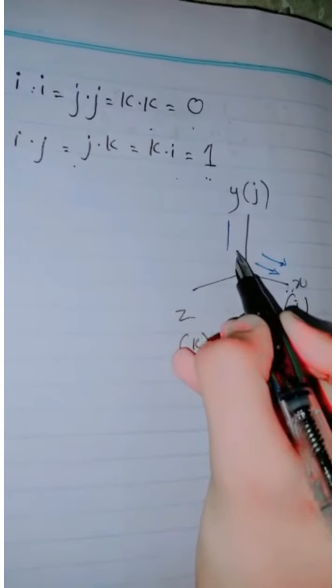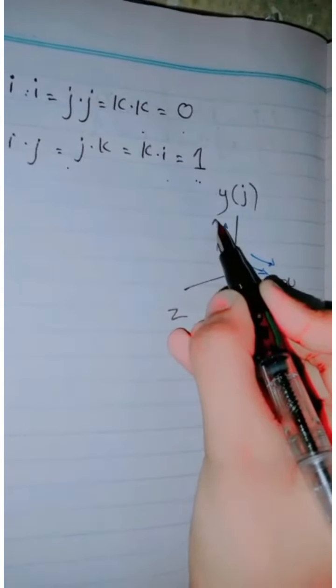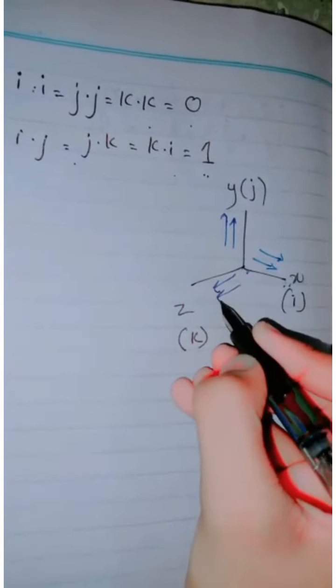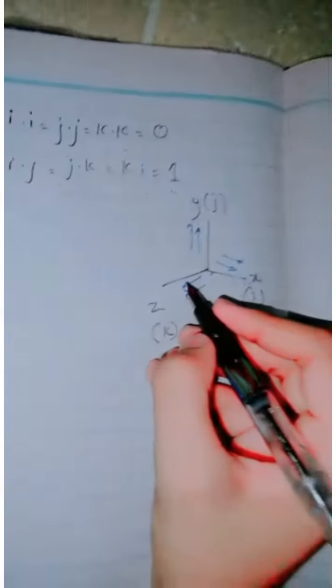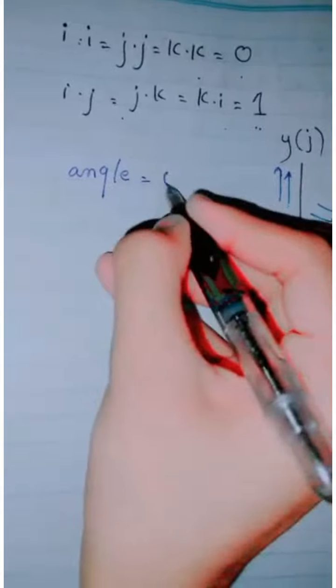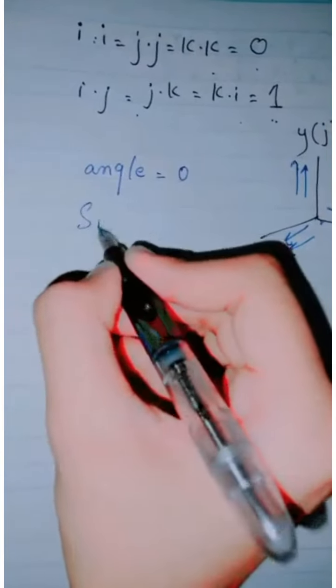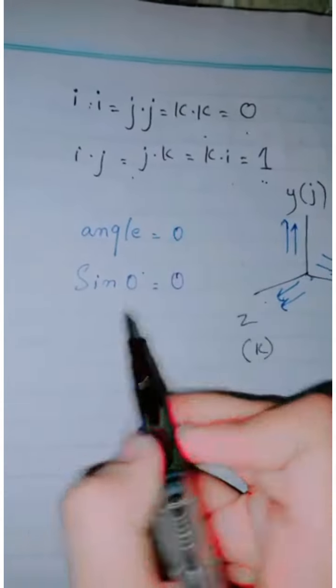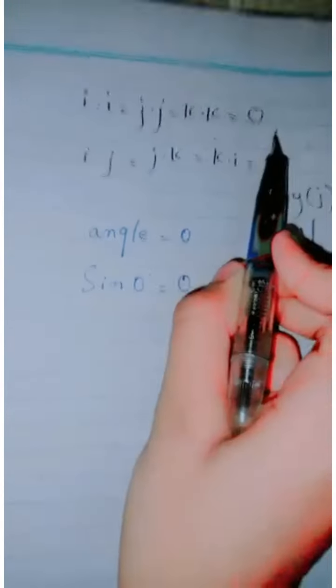And if two vectors are on y-axis in the same direction, the angle will be 0. And when two vectors, that is k into k, are in the same direction on z-axis, the angle will be 0. If the angle is 0, we know that sine 0 degree will be equal to 0. So that is why these vectors are equal to 0.